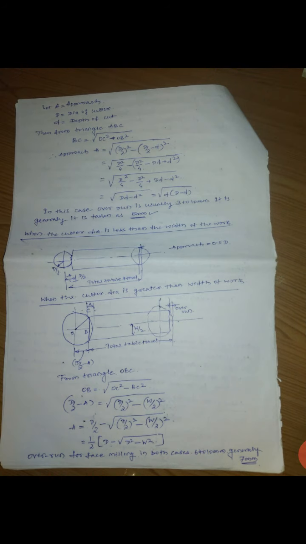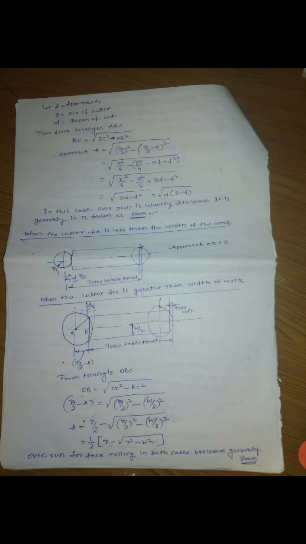So added table travel is taken as follows. A equals approach length, D equals diameter of the cutter, and d is the depth of cut. Then from the triangle ABC, BC squared equals OC squared minus OB squared.